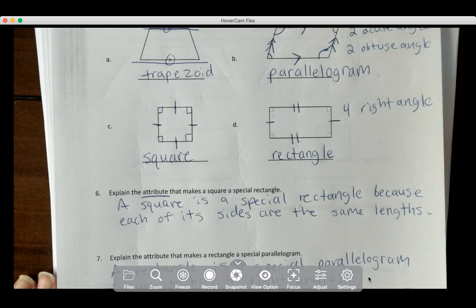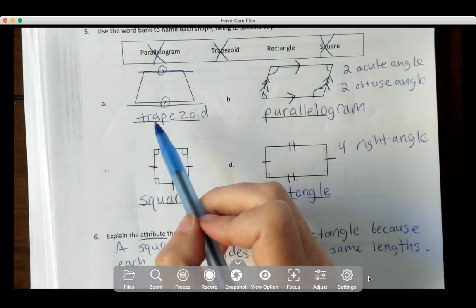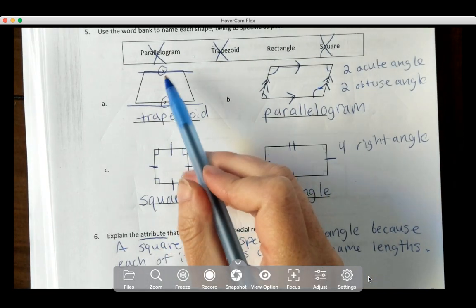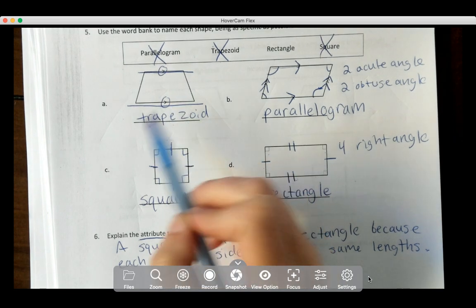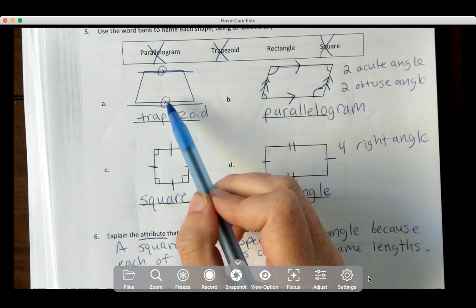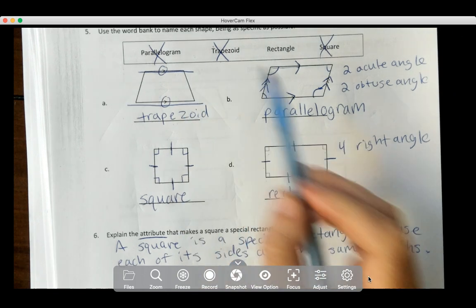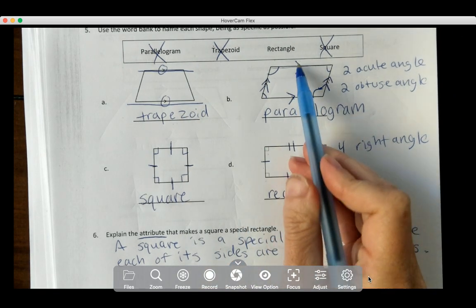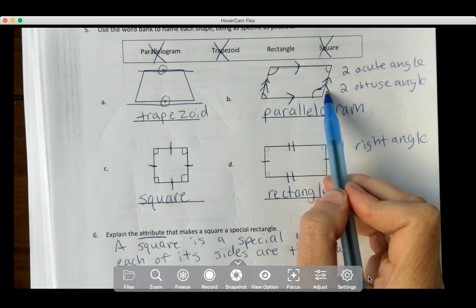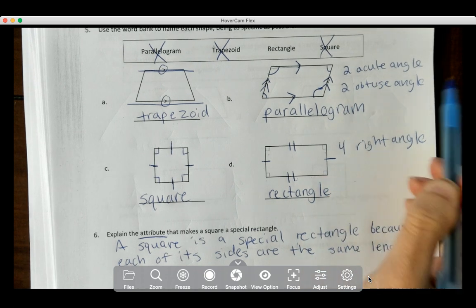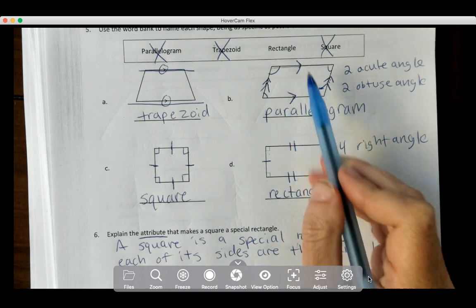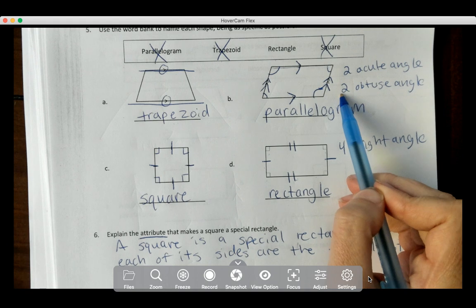For today's lesson and for tomorrow's lesson, you will need to know what a trapezoid is and what attribute it has. So a trapezoid has 1 set of parallel lines. A parallelogram has 2 sets of parallel lines. You can also remember that it has 2 acute and 2 obtuse, but the main thing is that it has 2 sets of parallel lines.